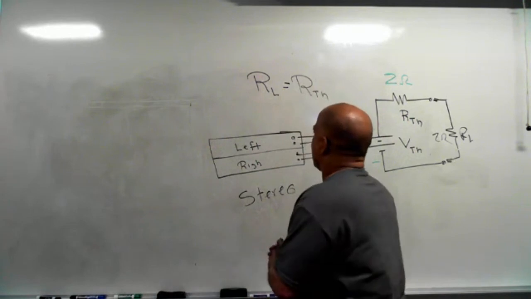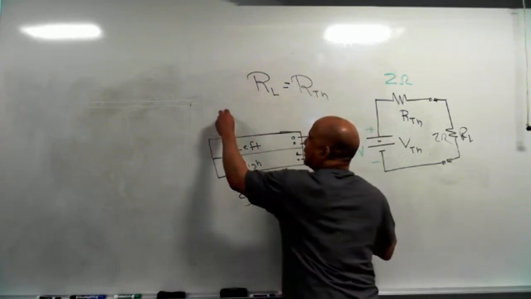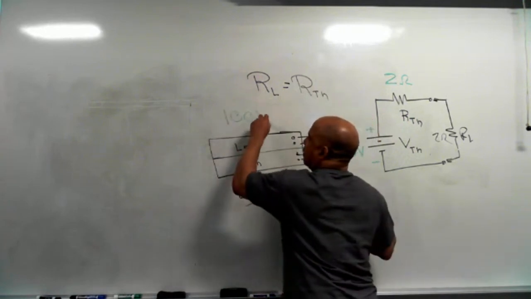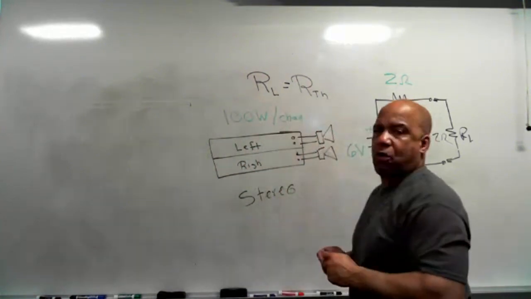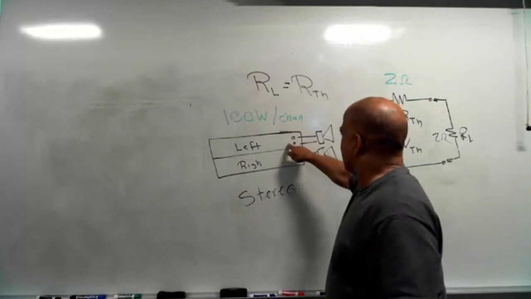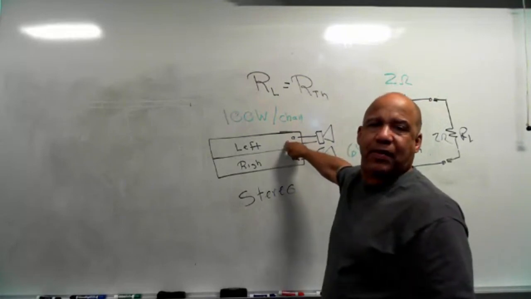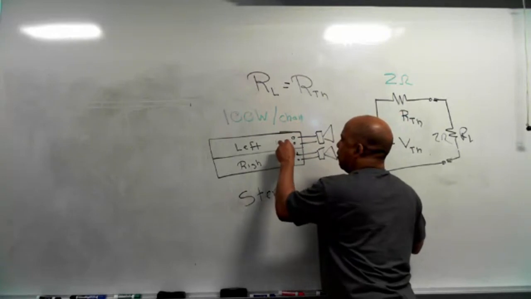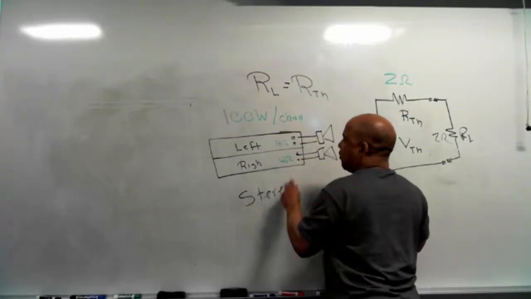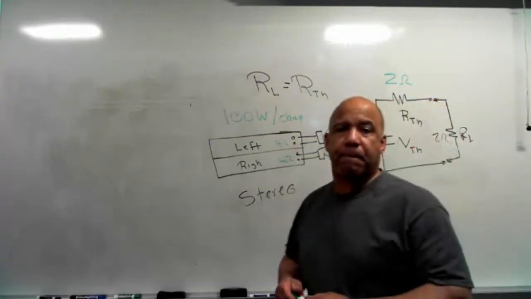And when I install these amplifiers, let's say the amplifier was 100 watts per channel. Well, I always noticed that there was an ohmic value on the output of the amplifier. For the left channel, it was 4 ohms, and for the right channel, it was 4 ohms. I always noticed that.